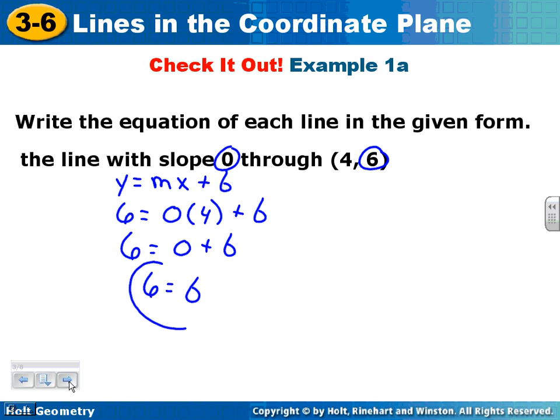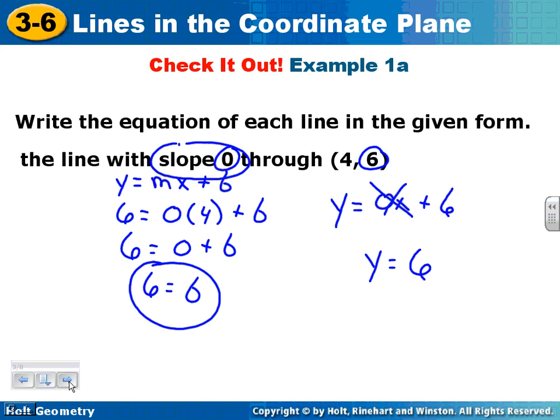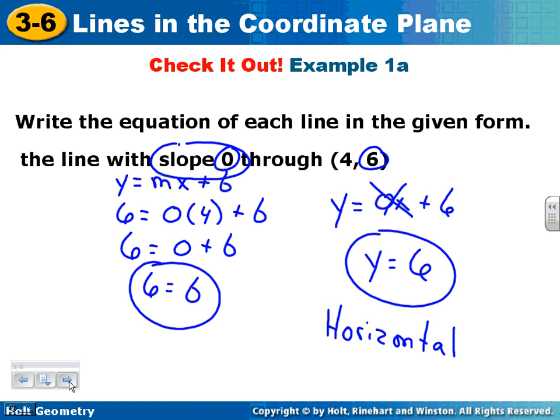So I'm going to take that answer, 6, and my slope is 0, and write y equals 0x plus 6. Realize I don't need that 0x. So I would simply write y equals 6. And also realize when y is some number, that is a horizontal line.